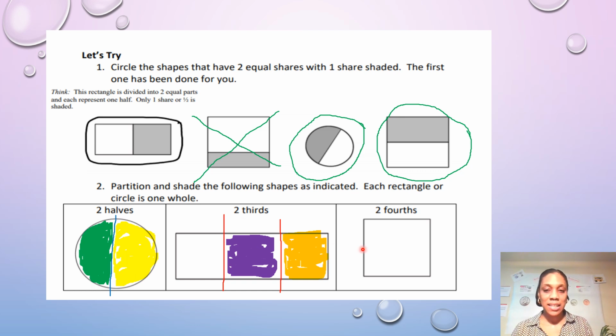Let's look at the next section. The next one tells us 2/4. If I say 4ths, I want to divide it into 4 equal parts. And then I'm going to color in 2 of them. So the last one that we see is 2/4. I divided into 4 equal parts and I colored 2 of those in.